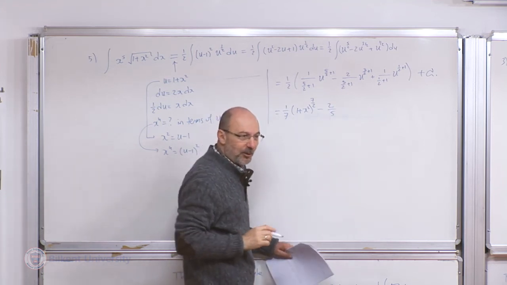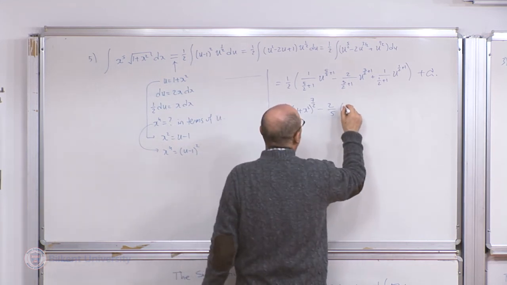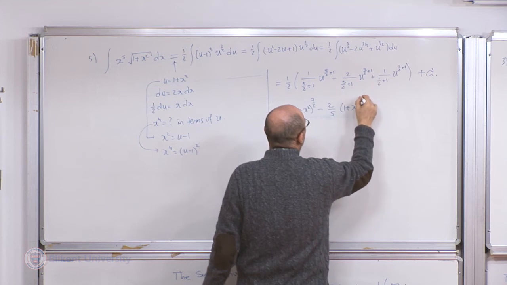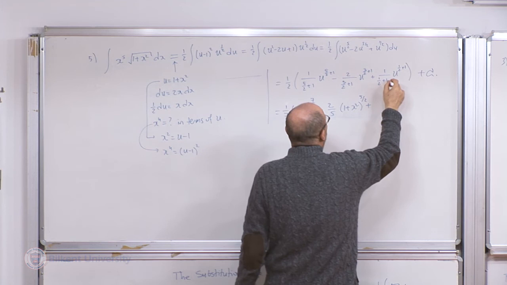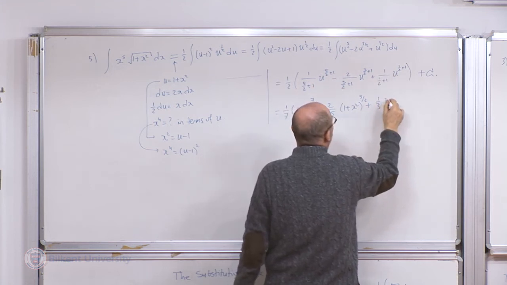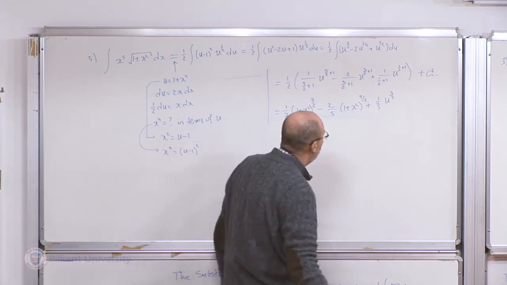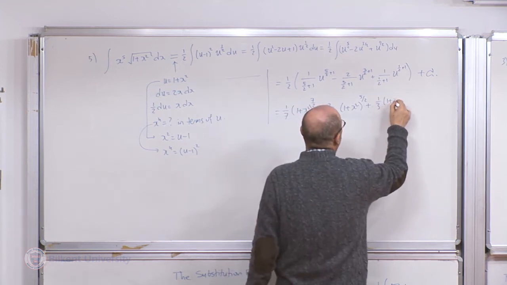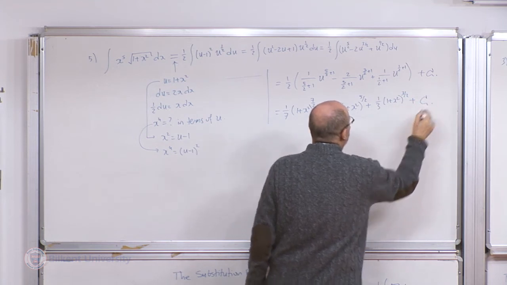It's your responsibility to scream if I write something wrong. So this is 1 plus x squared, 5 over 2. Plus, this is 2 cancels, so 1 over 3, u 3 over 2. Instead of u, I want to write something else. 1 plus x squared, 3 over 2 plus c.